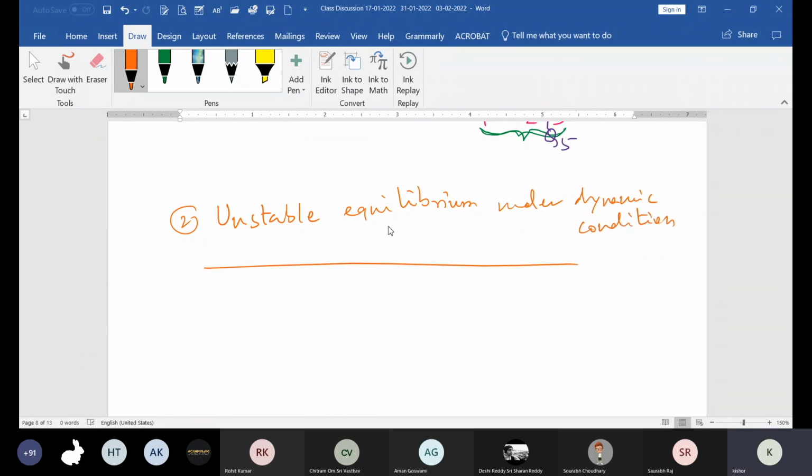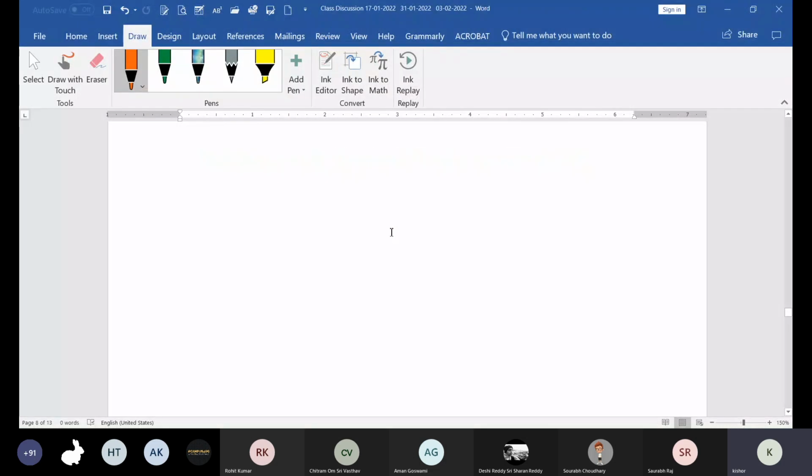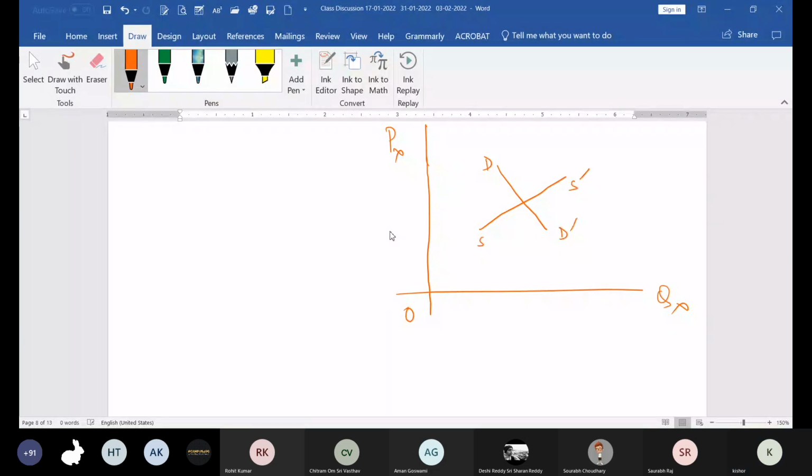So what is happening here? When the slope of the demand curve is more than the slope of the supply curve, suppose this is your demand curve, this is your supply curve.